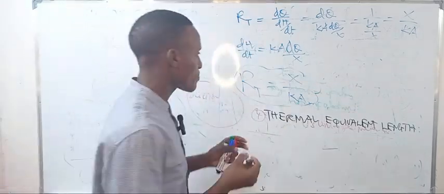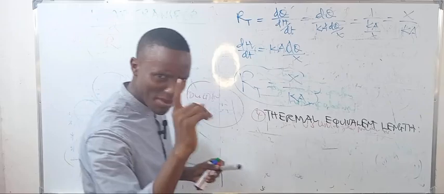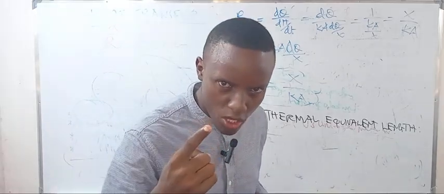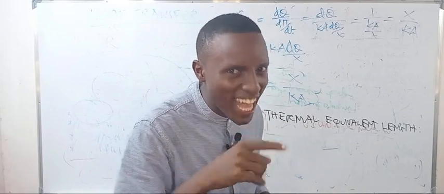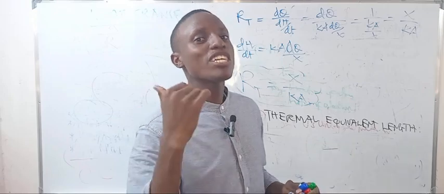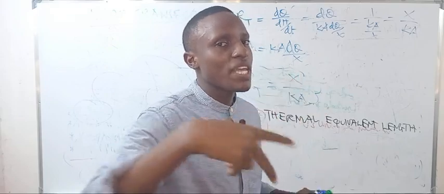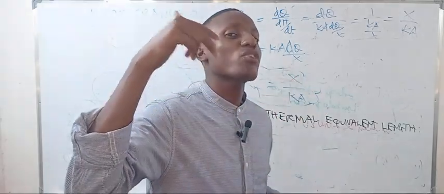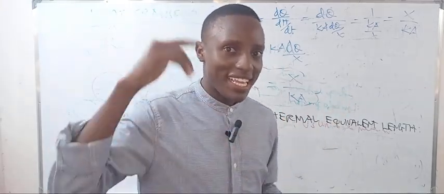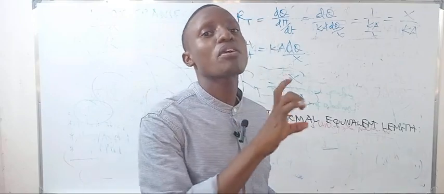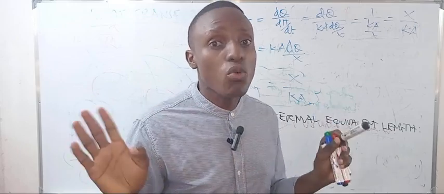So the thermal equivalent length is the length of the conductor which has the same rate of flow of heat as the insulator, but with the same temperature difference and the same cross-section area. If the lengths are equal, that length of the conductor is the thermal equivalent to that of the insulator.